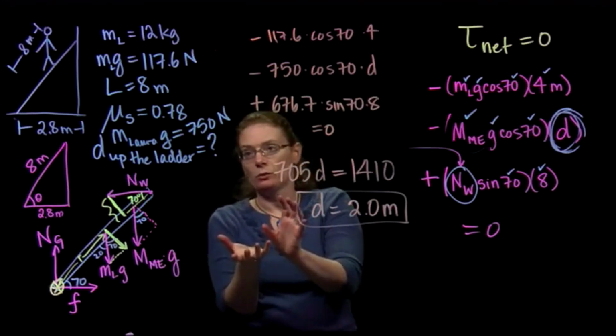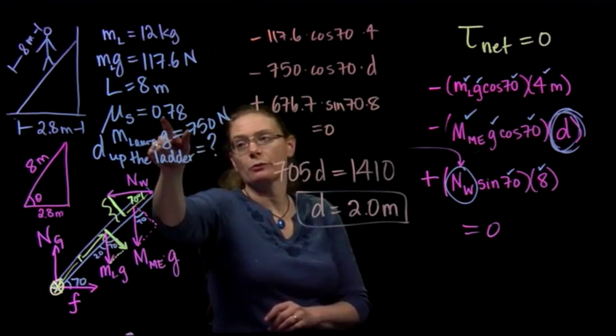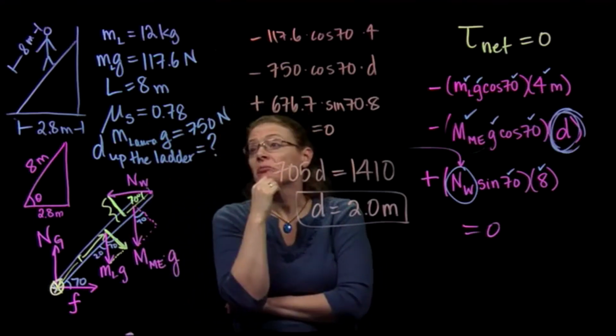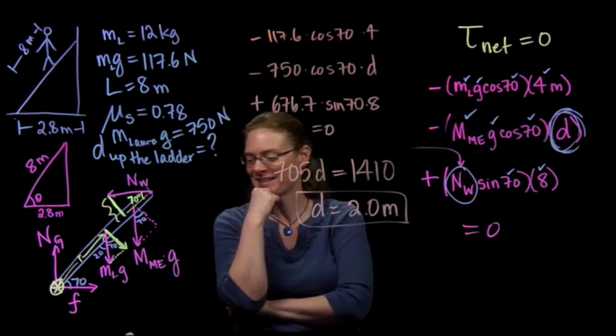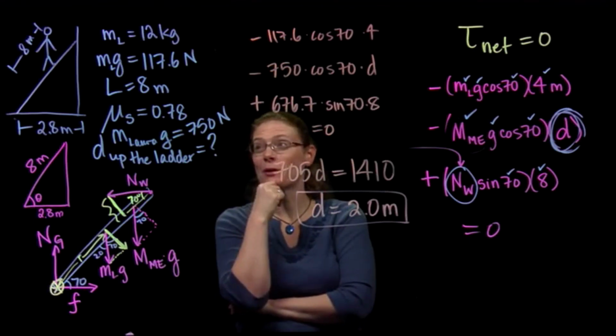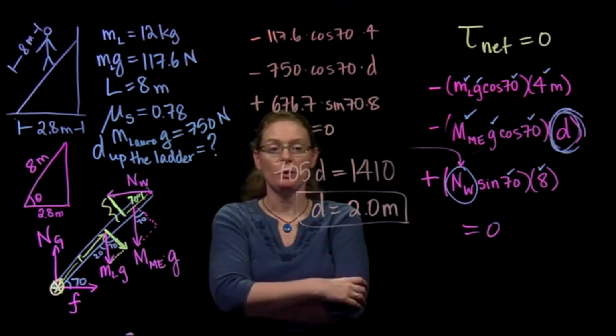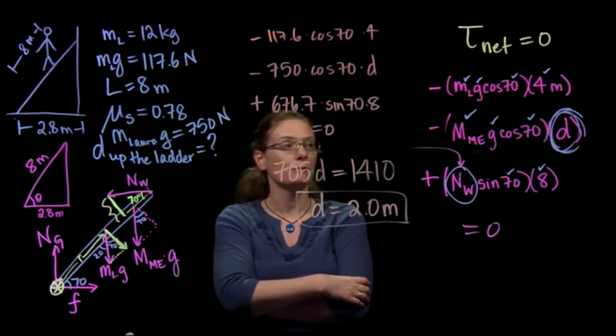The rubber caps are going to do a really good job. This is a pretty big coefficient of friction, but we'd want to increase that. Or I guess I could go on a diet, decrease my weight. But yeah, those would be what I'd have to do in order to make this safe. Because right now, you can only get 2 meters up the 8 before it's going to fall.